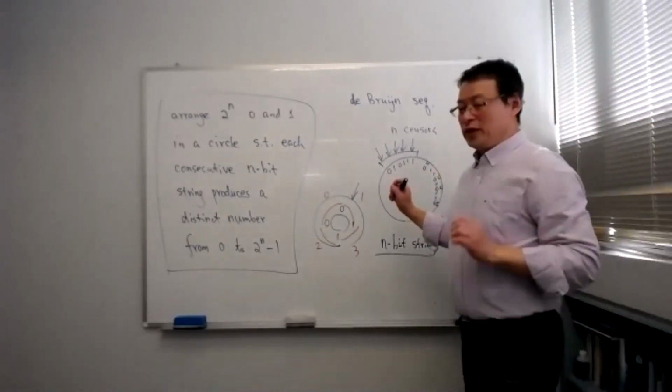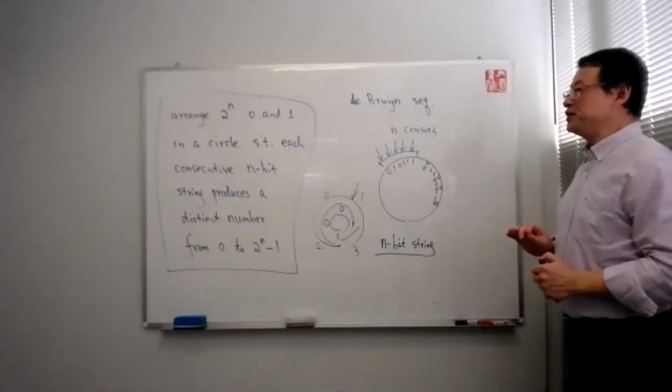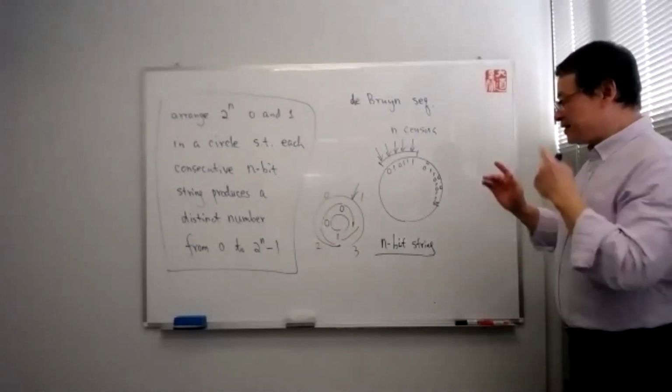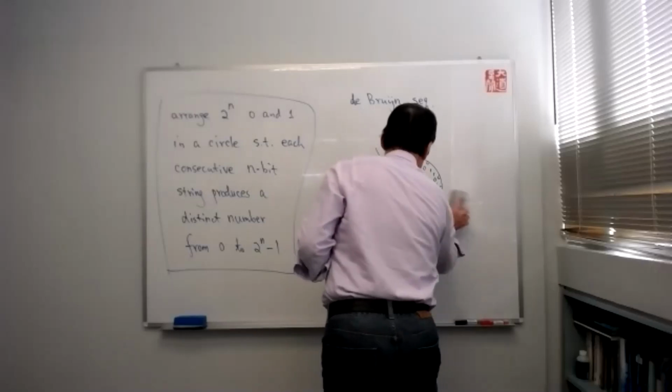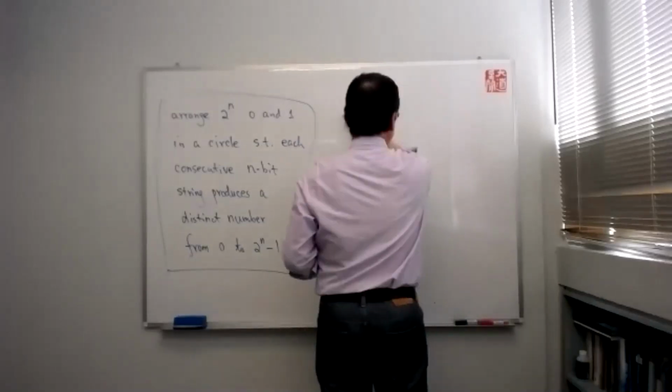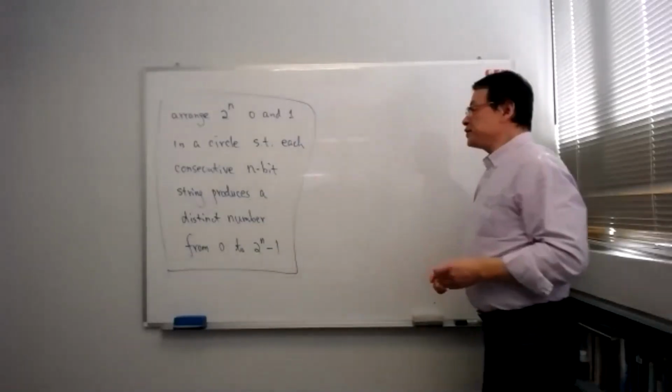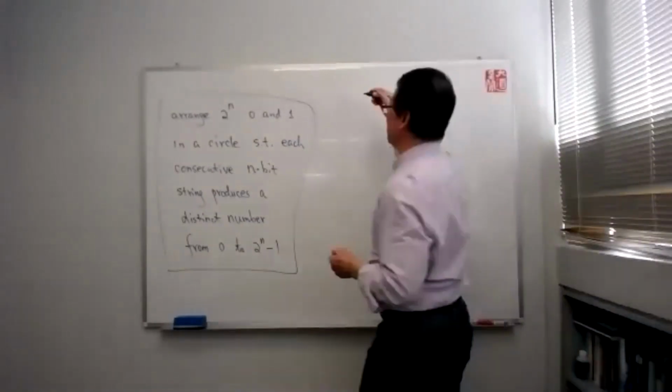So what can we do? How can we do this? So let's see. What we are going to do, say, consider n equals 3.